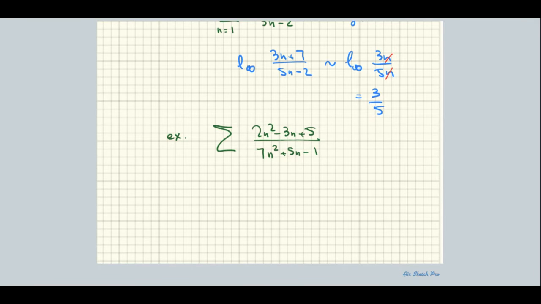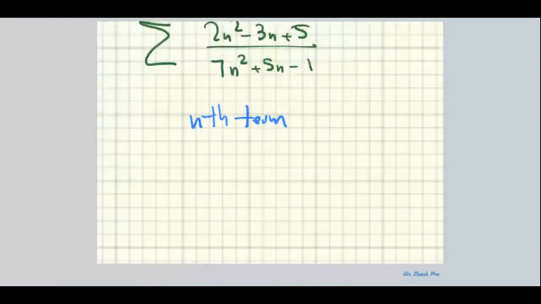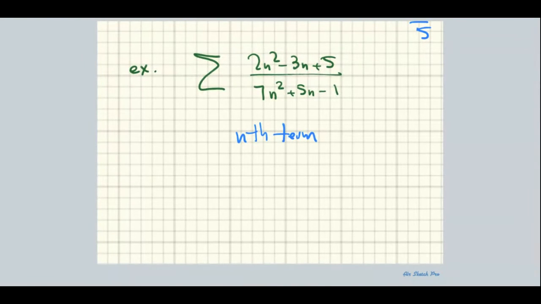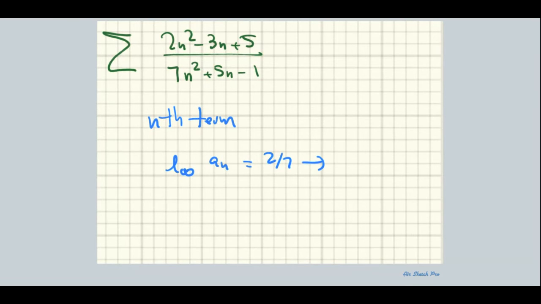If I try the nth term test, what do you see? Two sevenths. Yeah, pretty obvious. The limit as n goes to infinity of a sub n is 2/7. And this means we diverge.